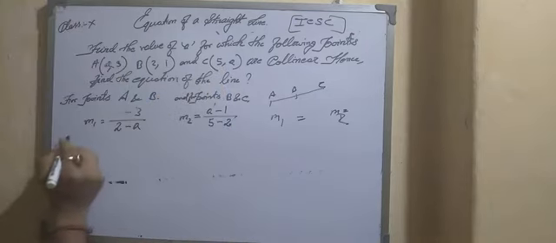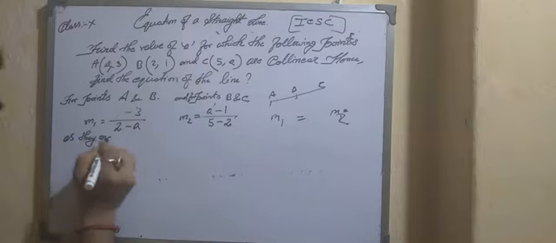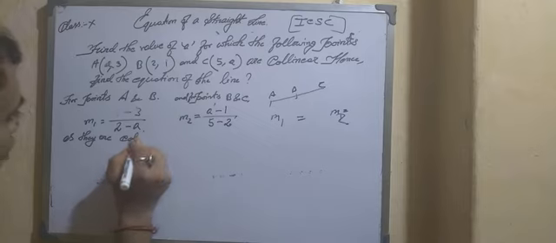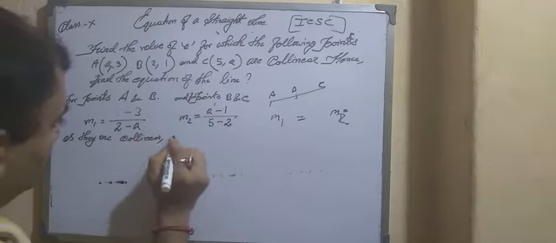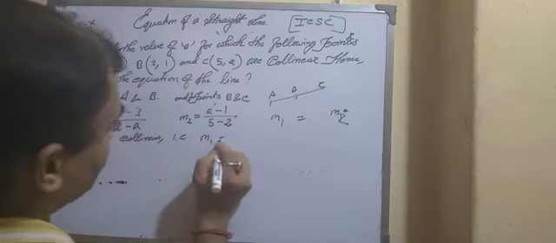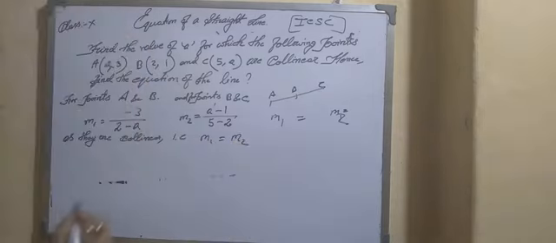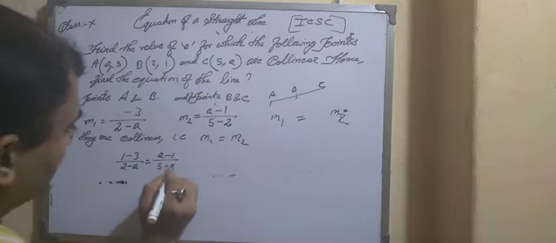As they are collinear, m1 equal to m2. Okay, now minus 2 over 2 minus a equal to a minus 1 over 5 minus 2.